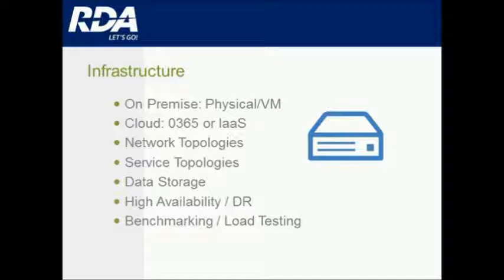So depending on whether you're going to make your site publicly available or whether you're using perhaps a public internet site with anonymous access, you're going to need to plan your network topologies. Service topologies really refers to things like your search service, BDC, profile, how those services are laid out and connected to web applications. You want to plan all of that, as well as data storage, high availability, and benchmarking and load testing.